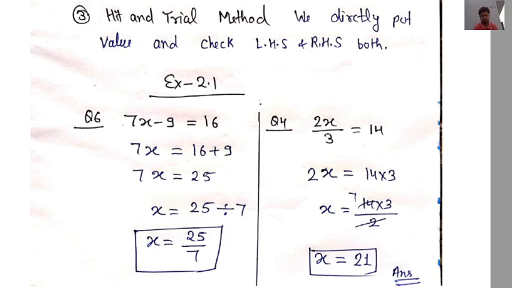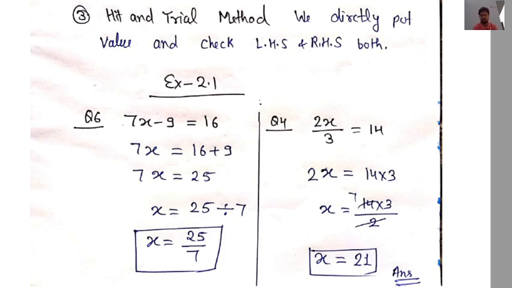In the transposition method, first you keep the x term, which is 7x. The remaining term you send to the other side. What is remaining here? Minus 9. This minus 9 we will take to this side.